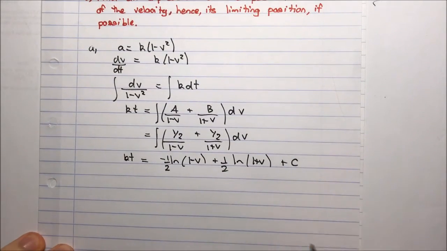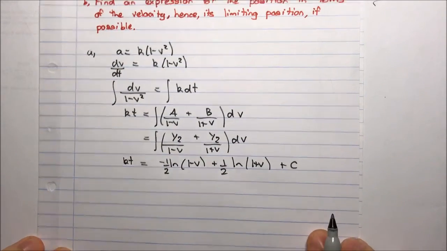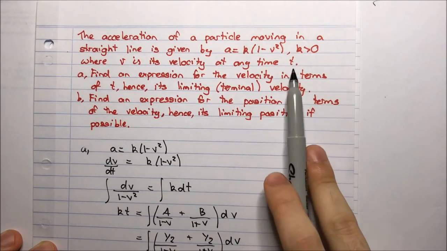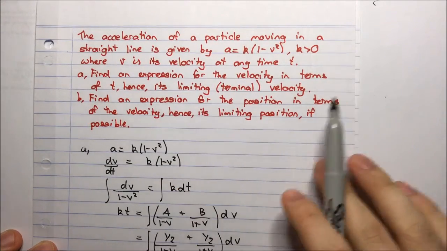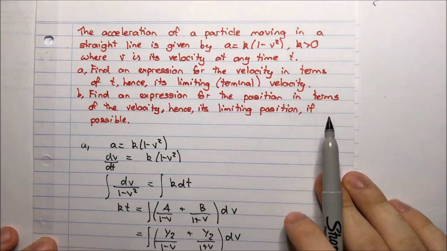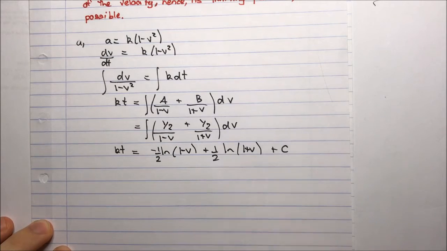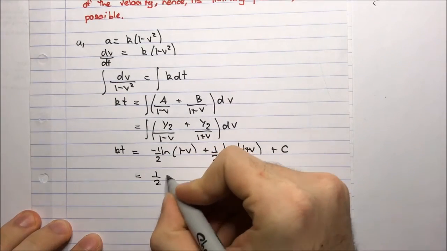Great. Now, we're not given any initial condition or any time t where velocity is something or the displacement is something, so we actually can't work out our value for c. But let's just continue on and see what we can do.